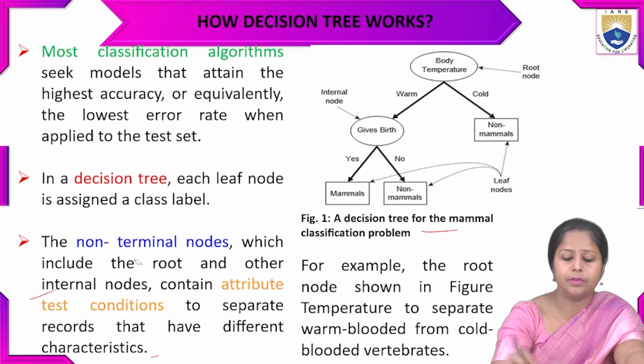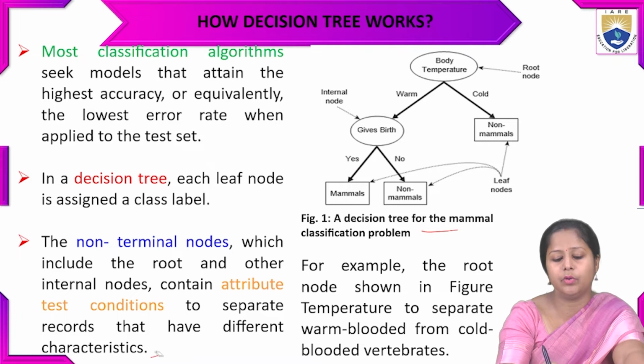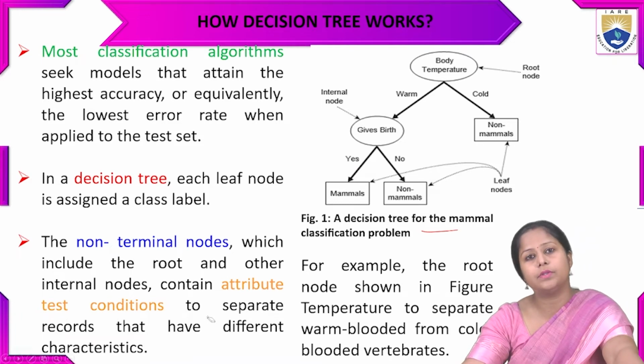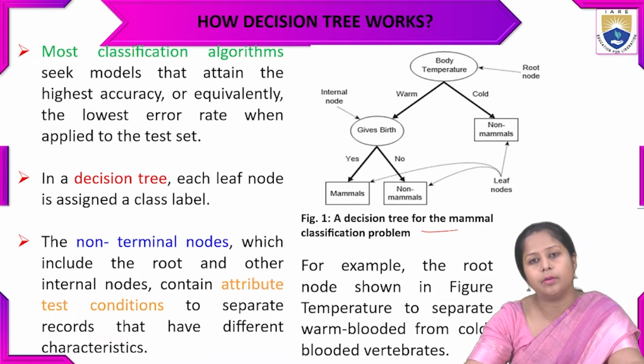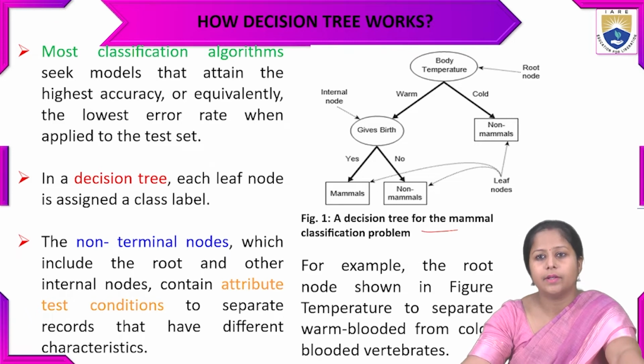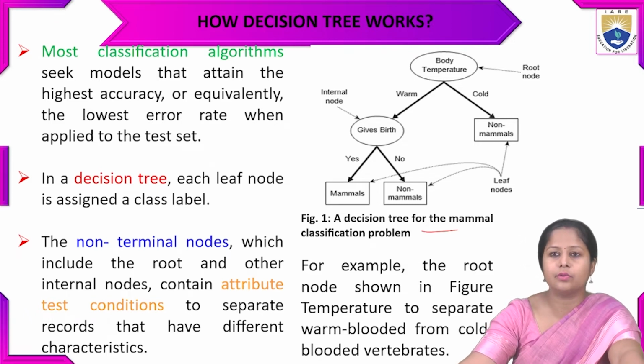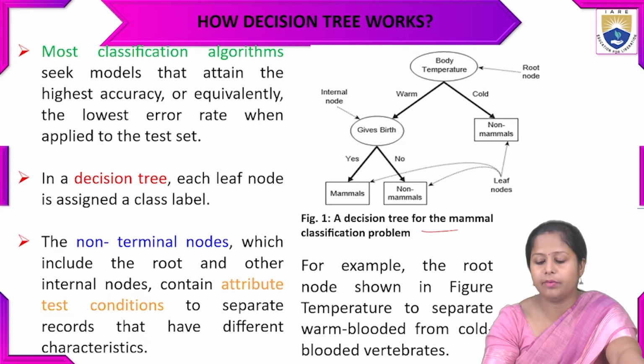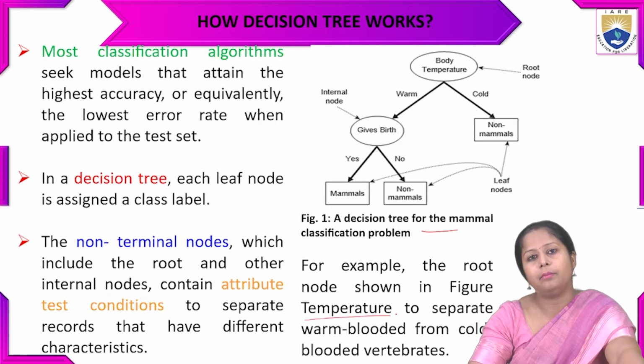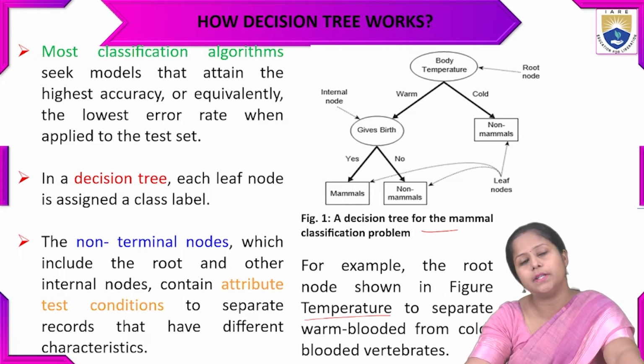On the basis of the attribute test condition we decide how to split. For example, the root node shown in this figure tests the body temperature to separate warm-blooded species from cold-blooded species.